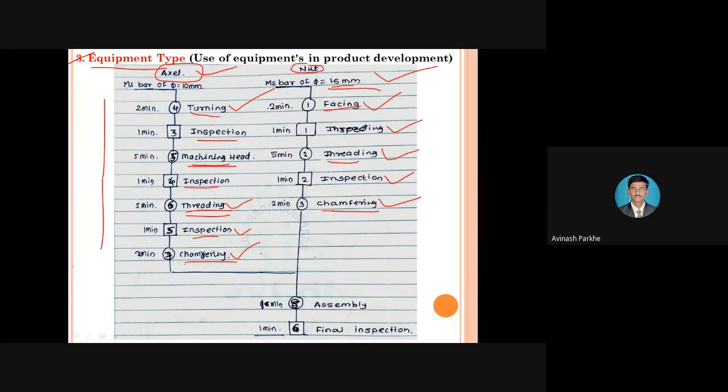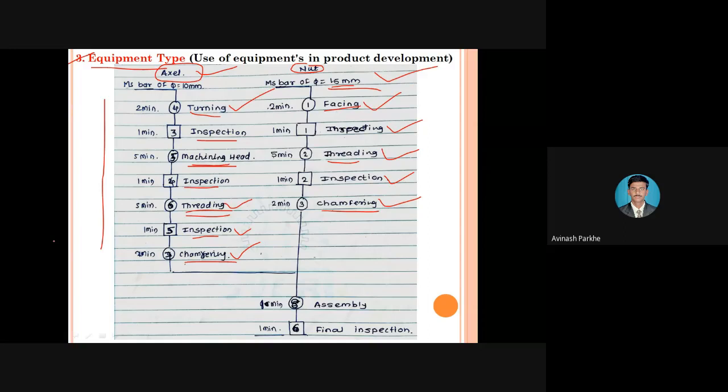In addition to that, after performing some of the operations, if inspection is required, that inspection is also represented by the equipment type of flow process chart. It is not only possible after converting the raw material into the finished goods. The inspection is possible then, but sometimes, as per the requirement of that particular product, after performing 2 or 3 operations, we have to go for inspection.